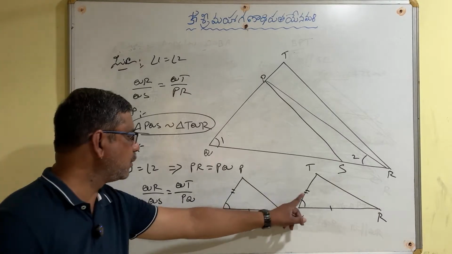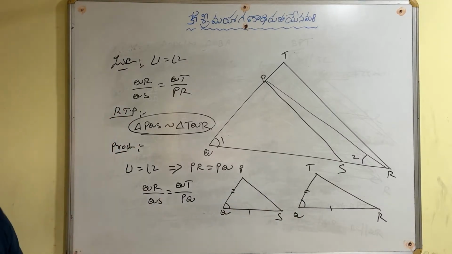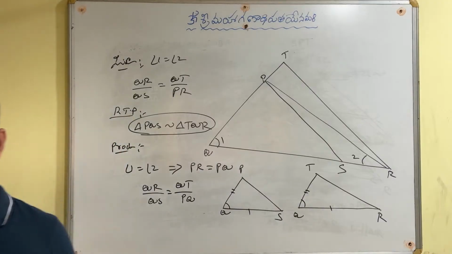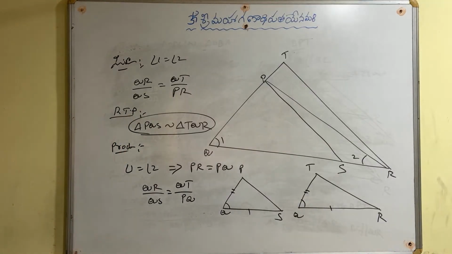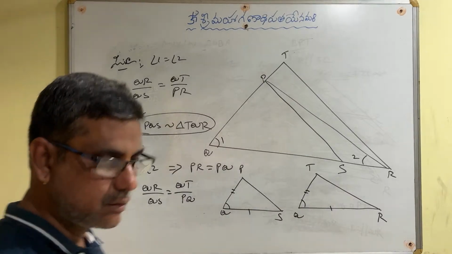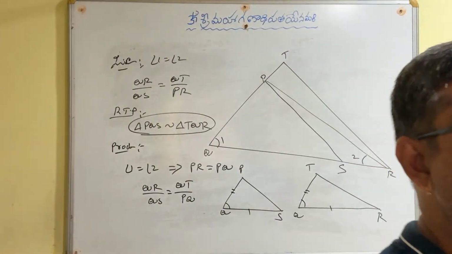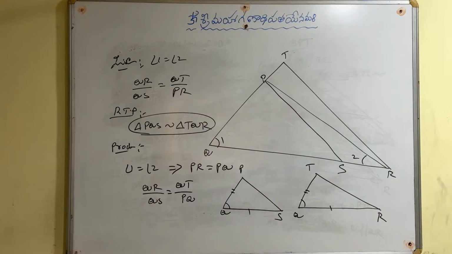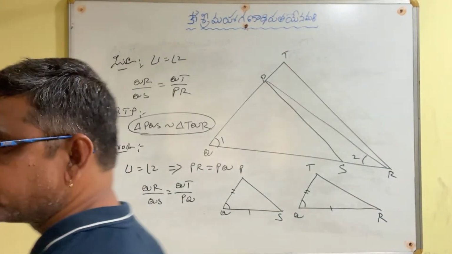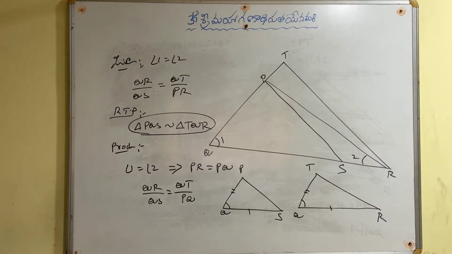And QT by PQ, they are equal, and angle Q is common in both the triangles. So by SAS similarity, triangle PQS is similar to triangle TQR, that's all. Very simple question.